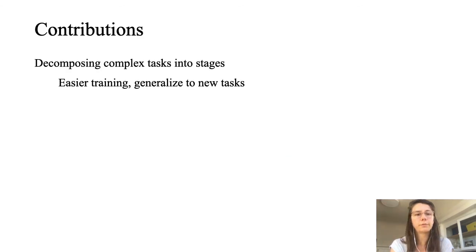And so just to summarize, we approached this complex manipulation problem by first decomposing the complex knotting task into stages. Each stage will be easier to learn, and these stages can be composed to solve different knotting tasks.